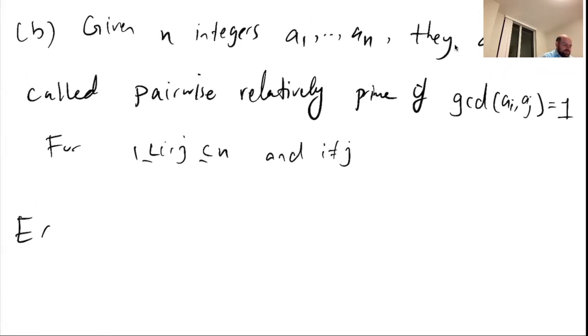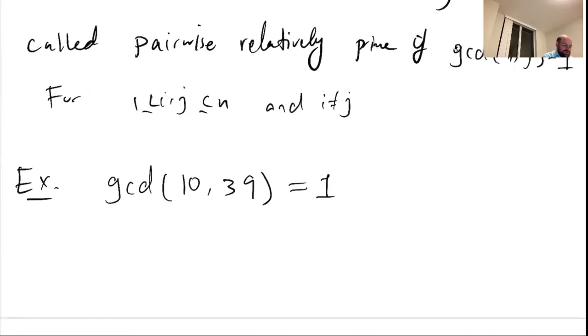So let's look at an example, and let's say the GCD of, for example, 10 and 39 is 1, right? Why? Because 10 is 2 times 5, and 39 is 13 times 3.